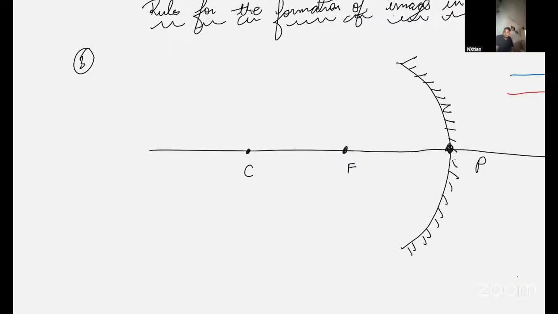If a line passes through the center of curvature, after reflection, it will come back to the same path. Now, fourth.